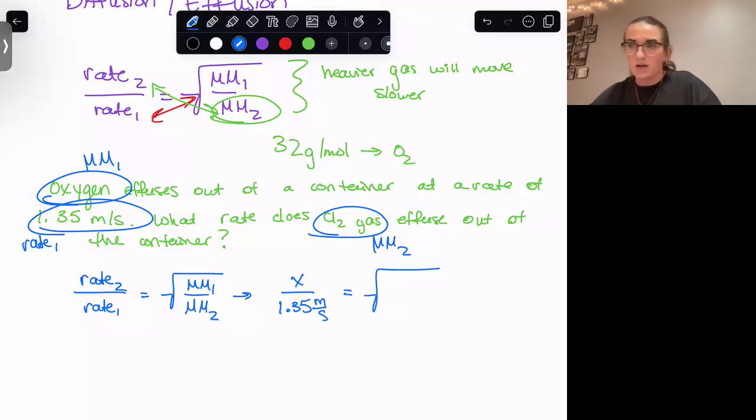What's the molar mass of oxygen? 32. Yep.